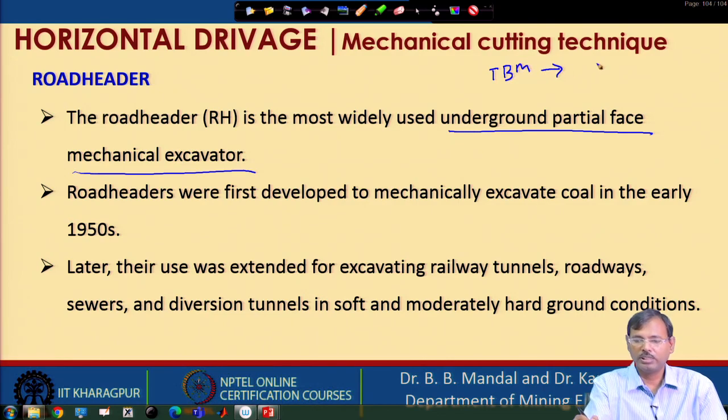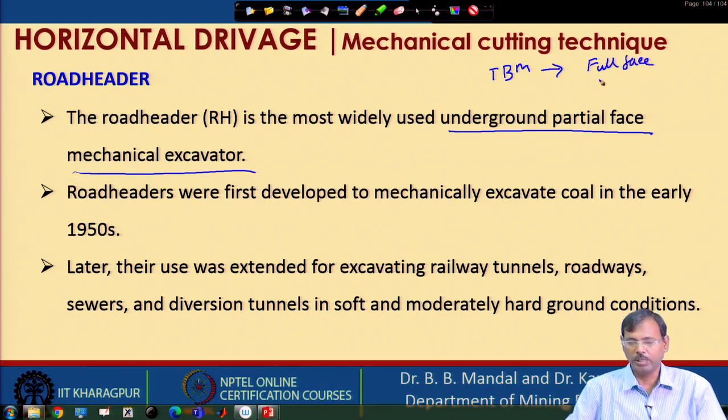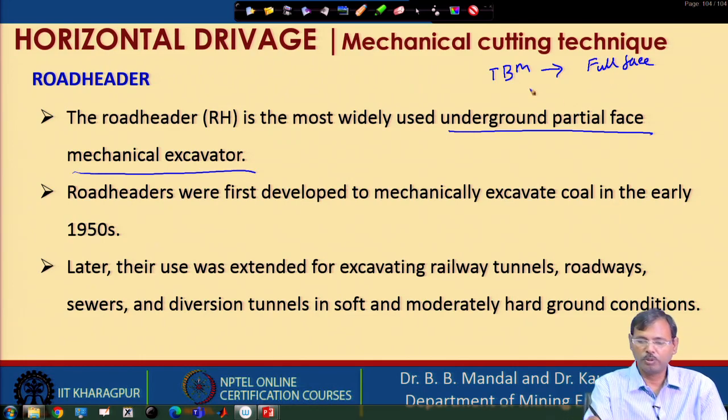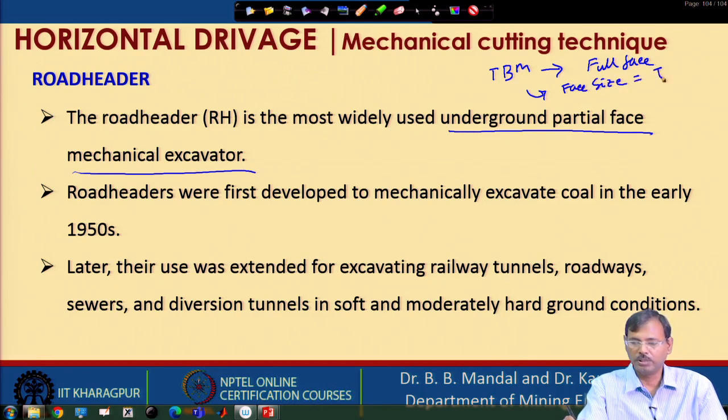In TBM, the excavation is carried out for the full face. So, it is a drilling machine. The complete face is excavated by the TBM. So, the face size for TBM is equal to the TBM size, but the road header is not the same.